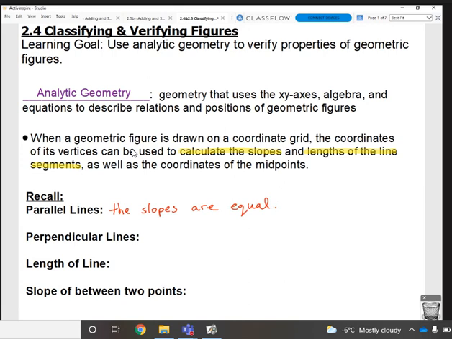Now, how about perpendicular lines? We haven't talked about perpendicular lines since the first week of school when we were reviewing some grade 9 stuff, but what do you remember about them? Yes, the slopes are not the same or equal, they're negative reciprocals of one another.